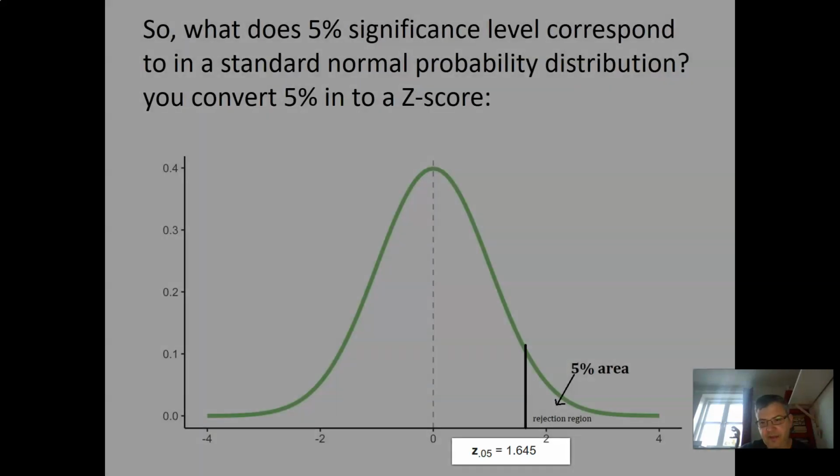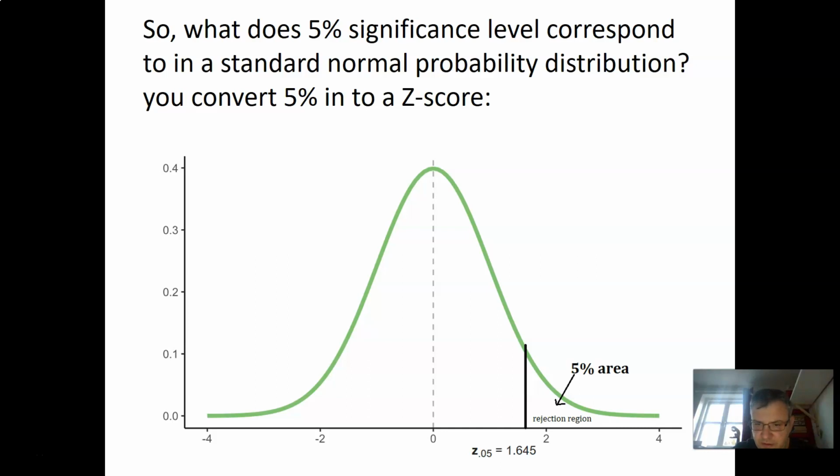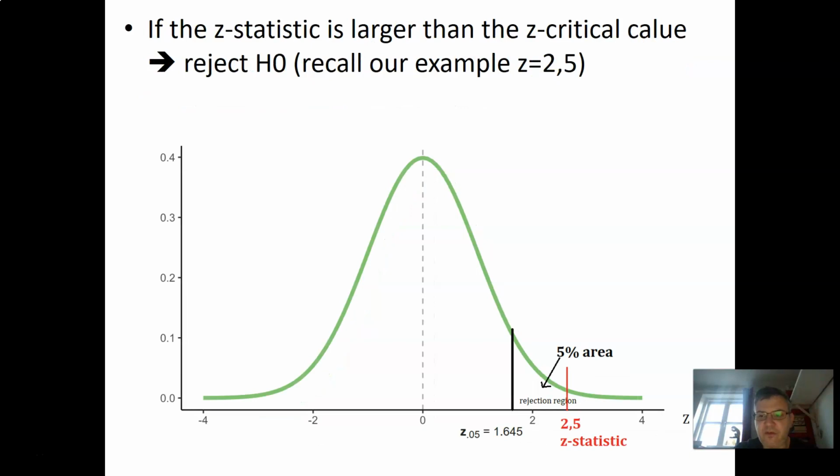If we depict this in the normal distribution function, we see that this point of 1.645 is a cutoff point for a rejection region, and if our z-statistic from the hypothesis test falls in this rejection region, we reject the null hypothesis. The z-statistic of our test was 2.5, so it falls in this rejection region, and we reject the null hypothesis, meaning that H alternative is proven, that the waiting time in line actually has increased since the last month.